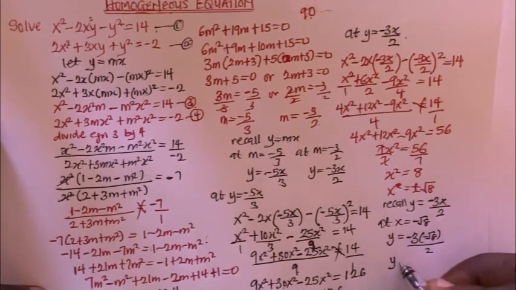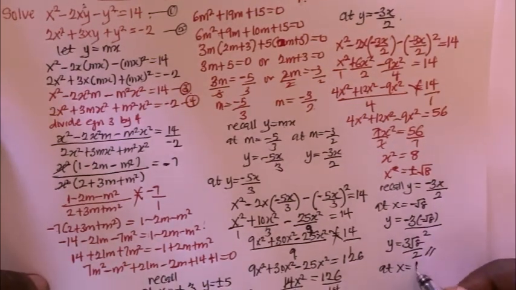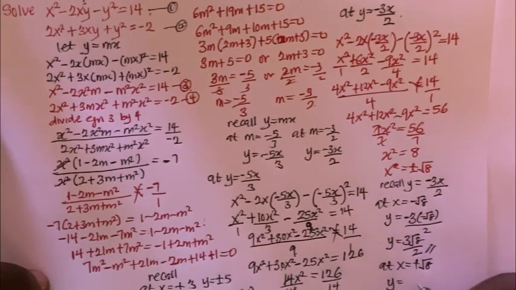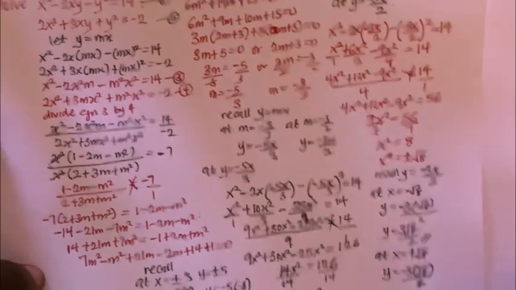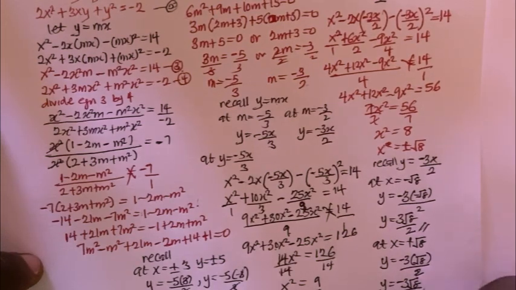So here we're going to have y equals 3 root 8 divided by 2. That's the first one. Then at x equals plus root of 8, we're going to have y equals minus 3 into bracket root of 8, divided by 2. So here we're going to have y equals minus 3 root 8 divided by 2. So this is just it.